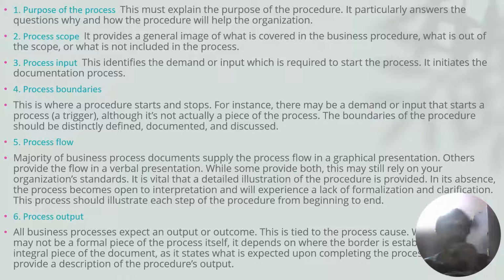So second thing, process scope. The process scope provides a general image of what is covered in the business procedures and what is the output of the scope, or what is not included in the scope. That is what I already mentioned. So this process scope will normally give the idea of what is to be documented and what is not to be documented, what is to be followed and what not to be followed, right?